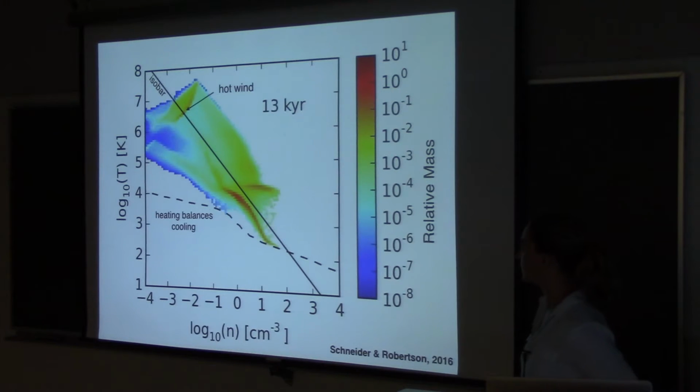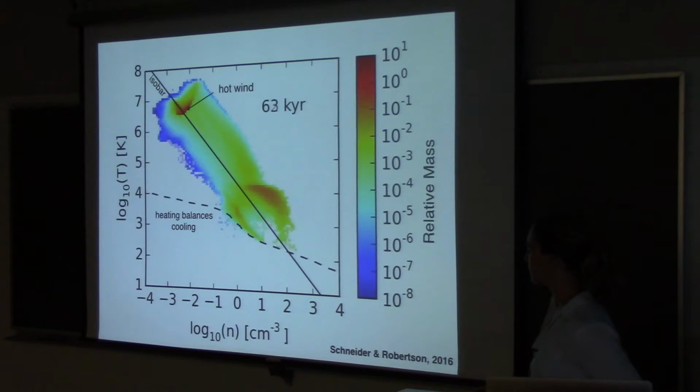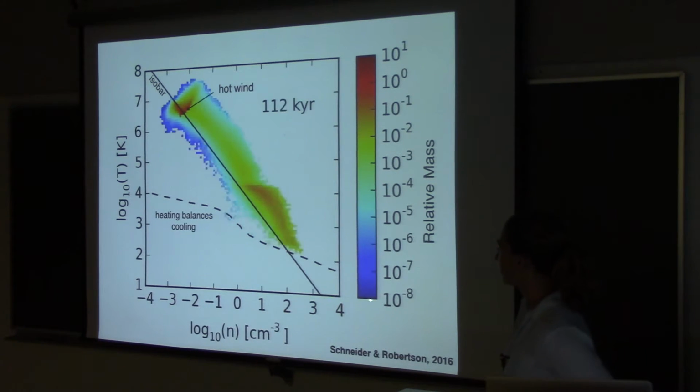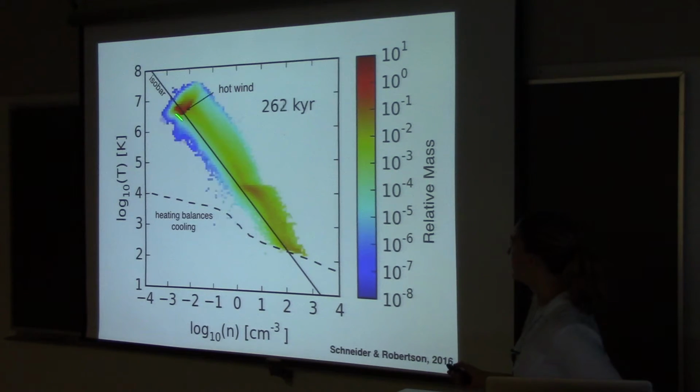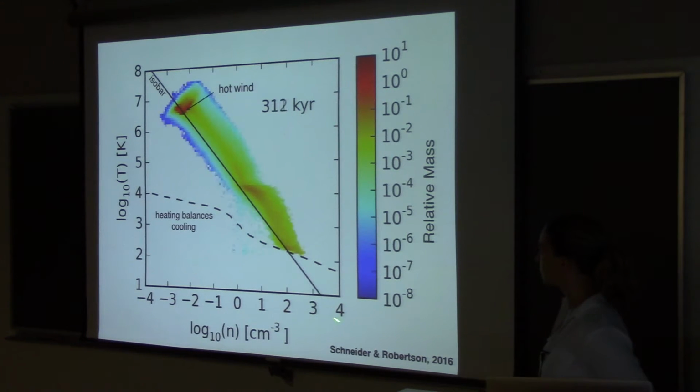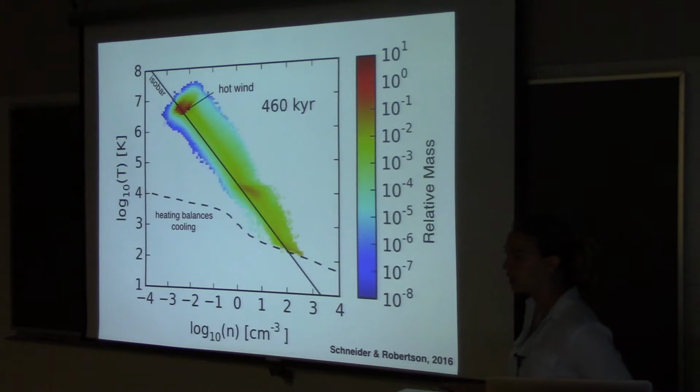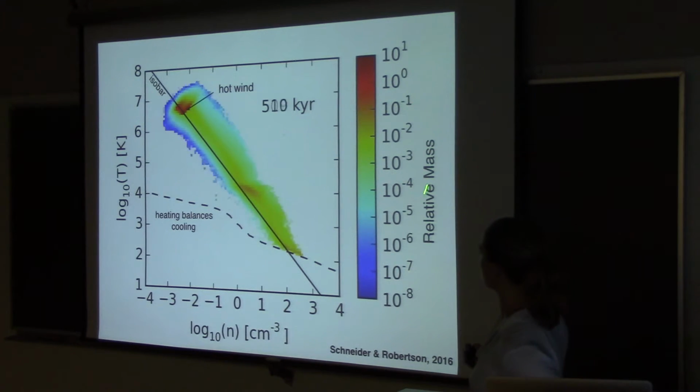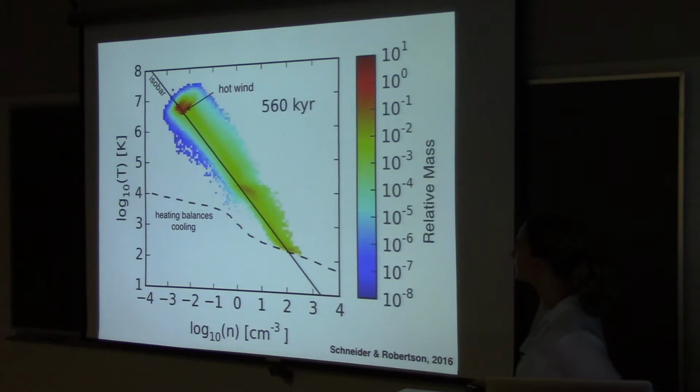And so this is, again, a movie of that same simulation, where I'm showing a phase diagram. You've got density on the x-axis and temperature on the y. We start the cloud in pressure equilibrium with the hot wind. Here I'm showing all of the cells that are in the box, colored according to where most of the mass is.